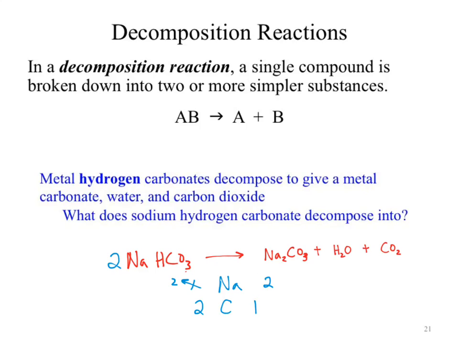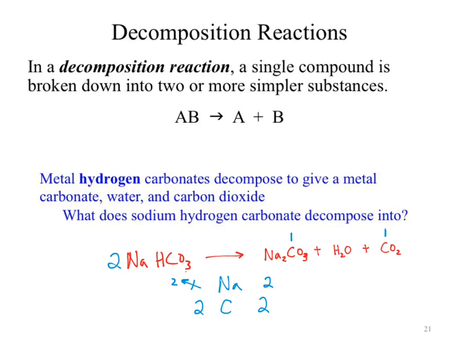I lied. Let's try that again. Why is it 2? There's a carbon here and a carbon here. So it helps when you look at the whole equation, okay, as opposed to just pieces. So the number of carbons on the product side in total is 2. We don't care where it shows up. We just want to see how many there are on that side of the equation. So our carbon is balanced.